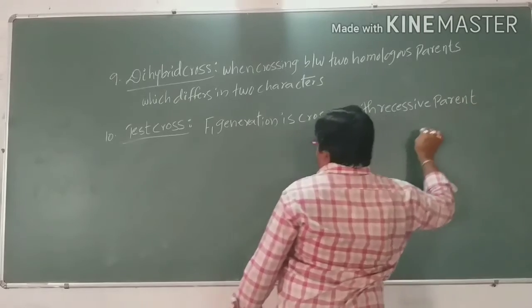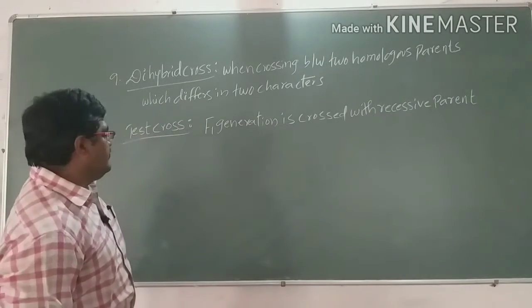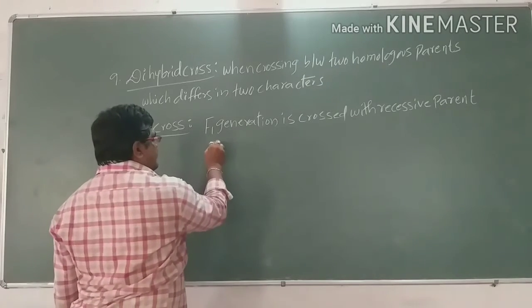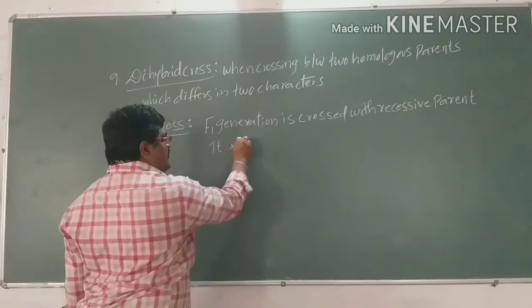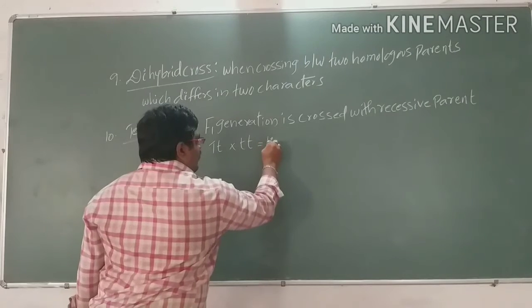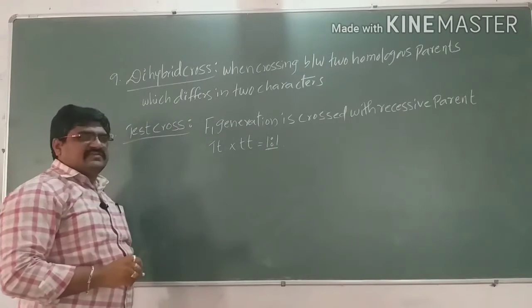That means when the F1 generation is crossed with a recessive parent, it is called a test cross. If the F1 generation is capital T, small t, crossed with small t, we are able to get a 1:1 ratio.